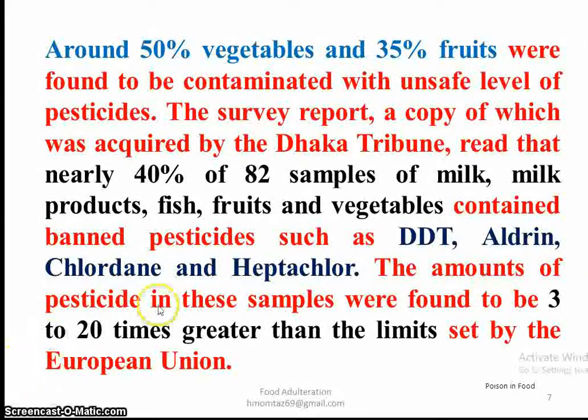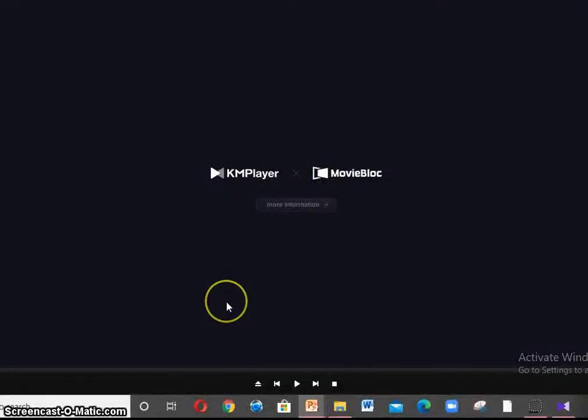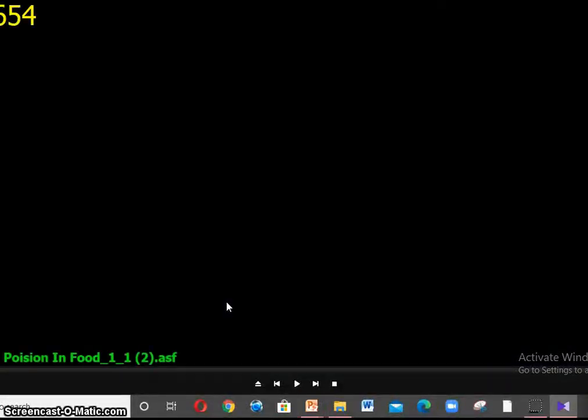And the amounts of pesticide in these samples were found to be 3 to 20 times greater than the limits. So there is a video you can enjoy, showing how people are enjoying street food and the businessmen are adding all the adulterants or pesticides.